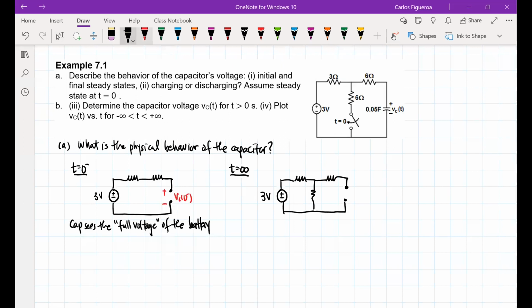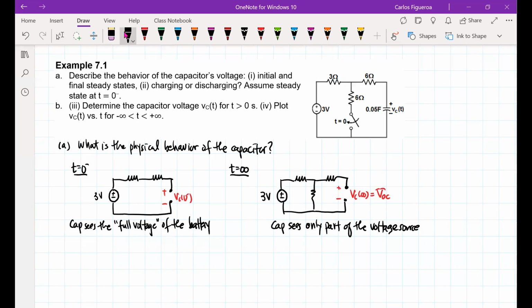And so what you're seeing here is that now this is VC of infinity, which is really VOC. The cap sees only part of the voltage source. He only sees part of the voltage source.